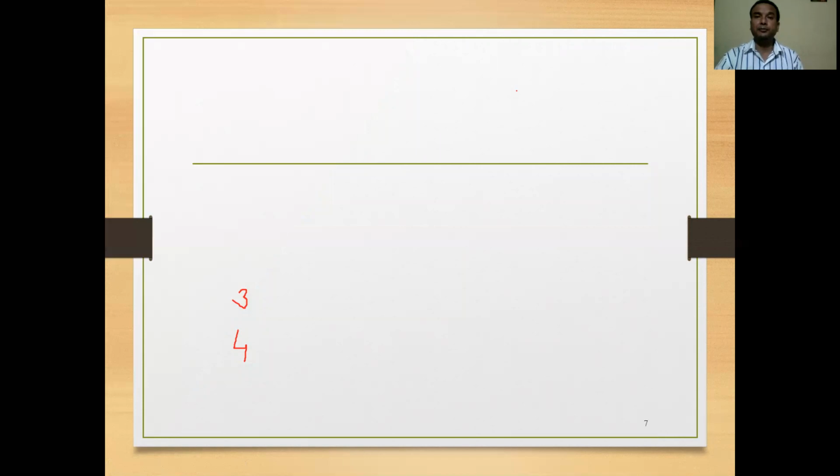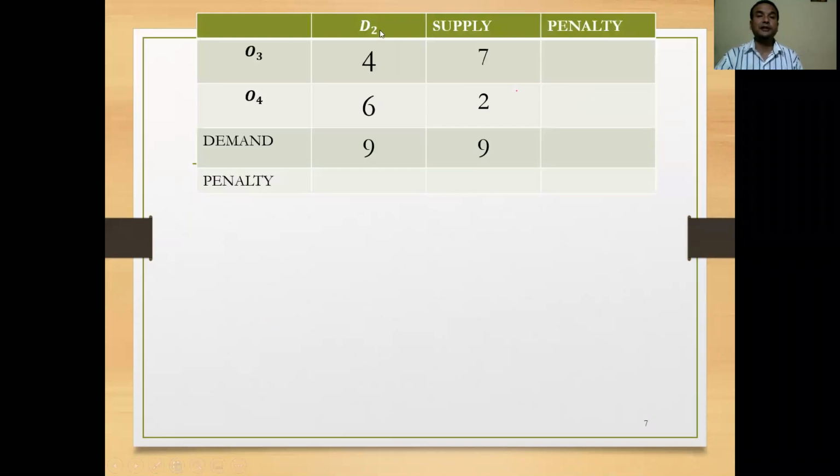Let me erase this portion first. So then we think for only destination 2, origin 3 and origin 4 are there, and this is the cost for this cell, this is the cost for this cell.